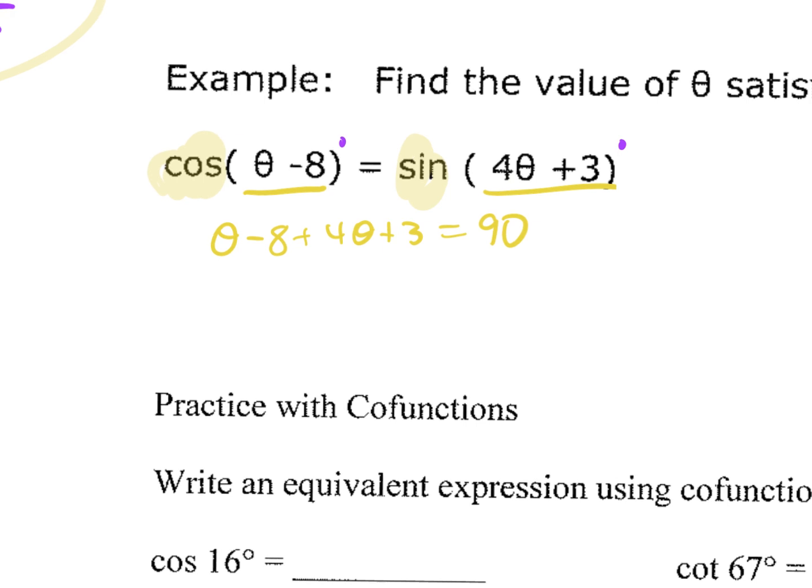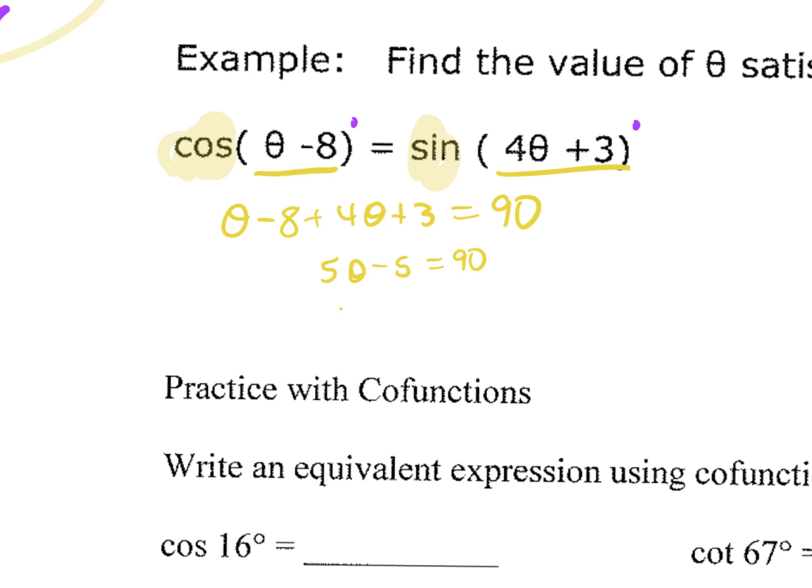Some people get confused with seeing that theta in there. If that's the case for you, then switch that and make it an X to make it a little bit easier to see what's going on, okay? All right, so 5 theta is equal to 95, or theta is equal to 19. So you might be asked just to find theta. That's fine.